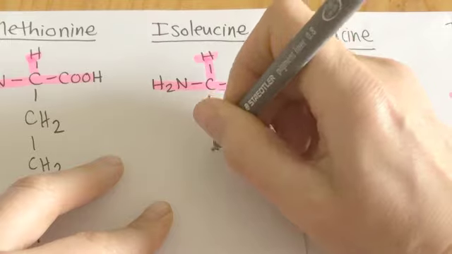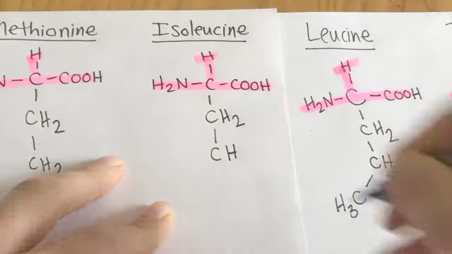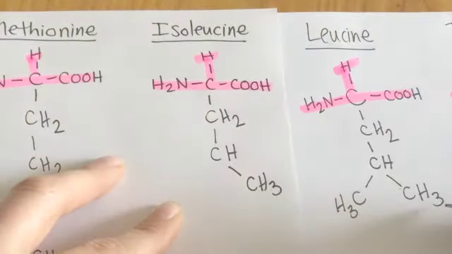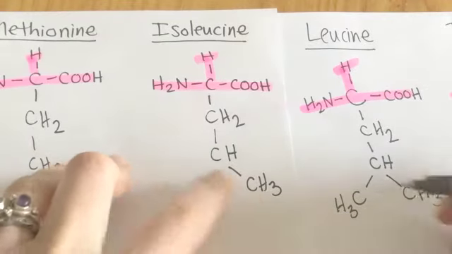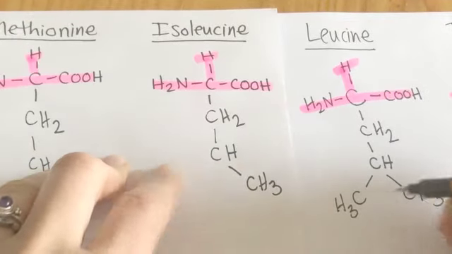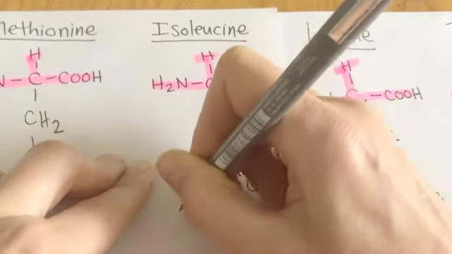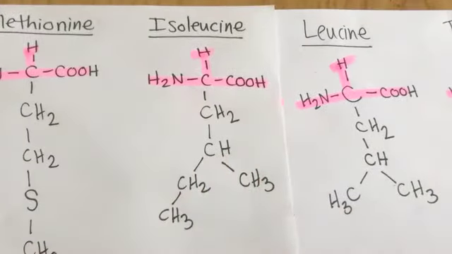Then we come down to a CH. From that CH, just like with leucine, we have a methyl group on the right. But instead of a methyl group on the left side, we're going to have an ethyl group, so a CH2 and then a CH3. And there we have isoleucine.